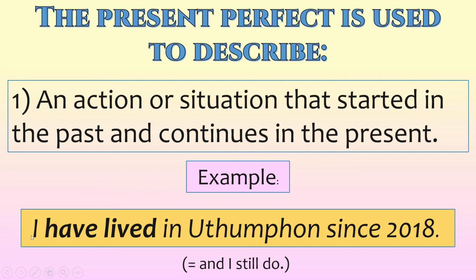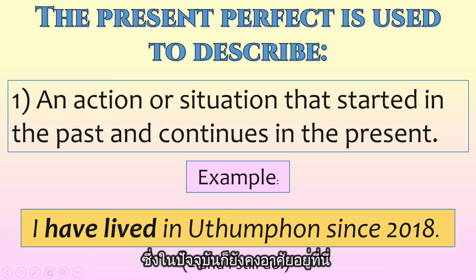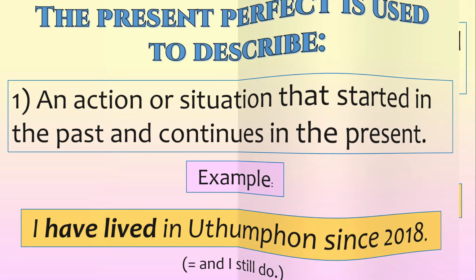For example, I have lived in Otumpon since 2018, and I'm still living in Otumpon now. It started in 2018, and until now I'm still here. So I use present perfect.